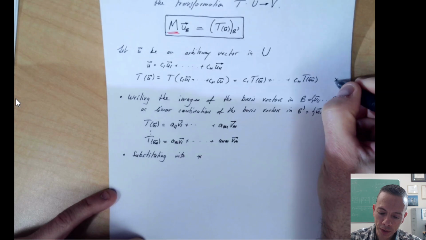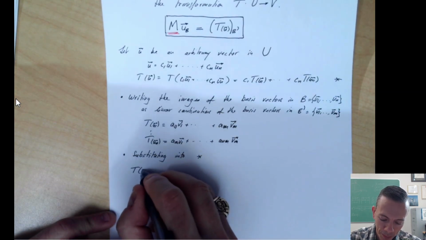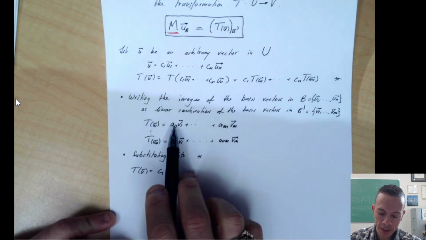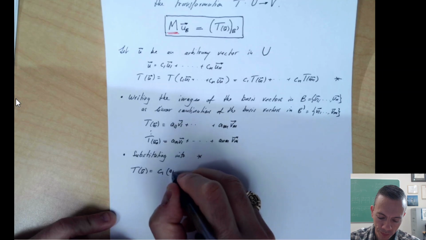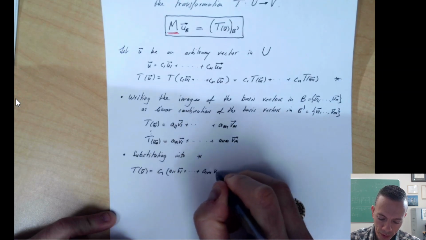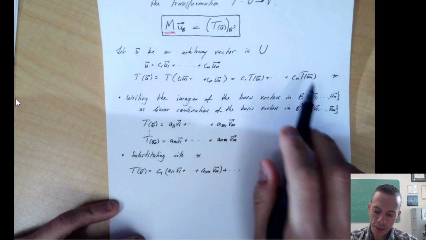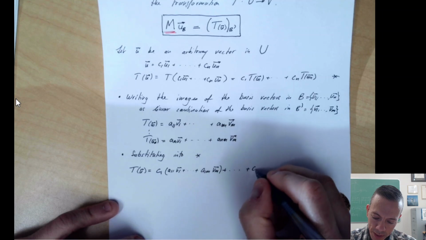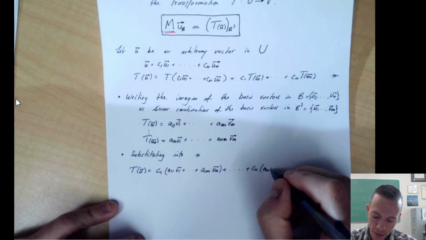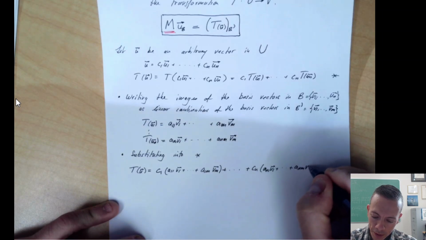So this equation right here becomes T of u equals c1 times this expression right here, plus all the way to the last one, which is cn times T(un), which is an1 v1 plus all the way to anm vm.